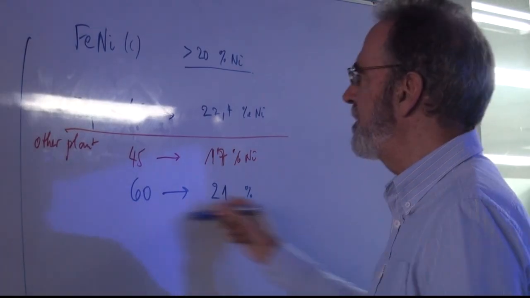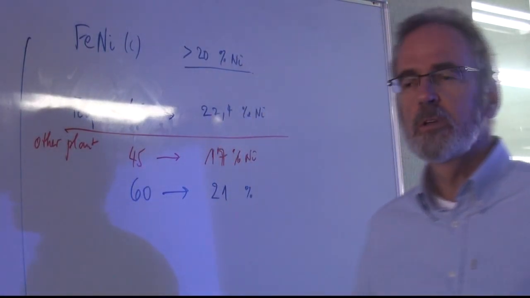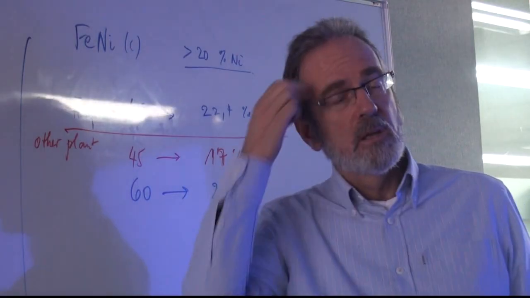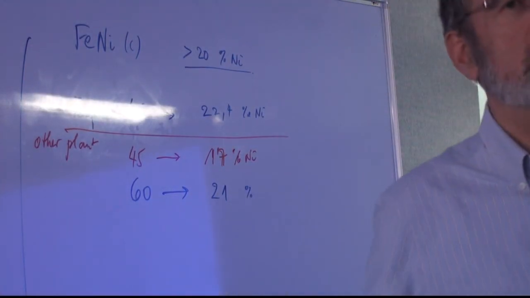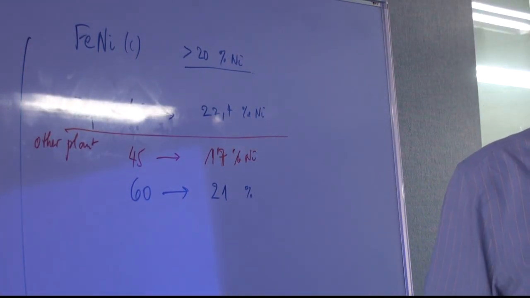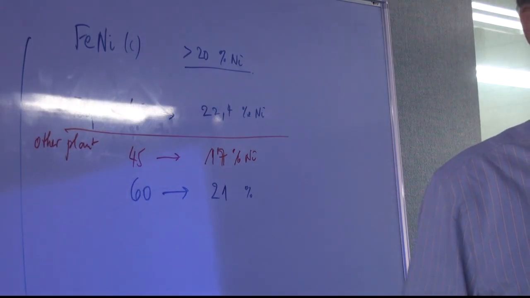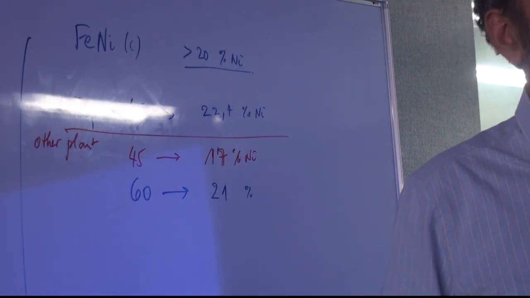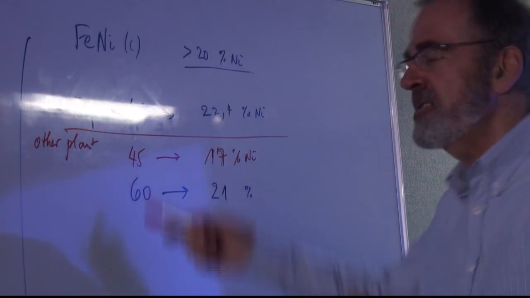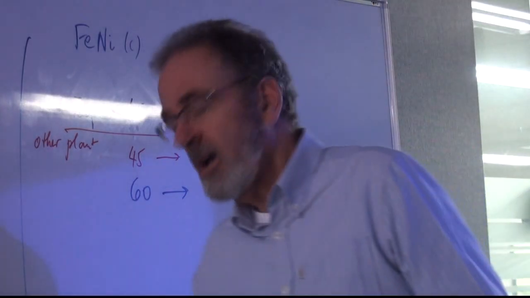And that's real life. In this other plant, the yield will be 60, but the coke consumption will be accordingly. You understand? The yield is not a constant. I will never give you a yield.